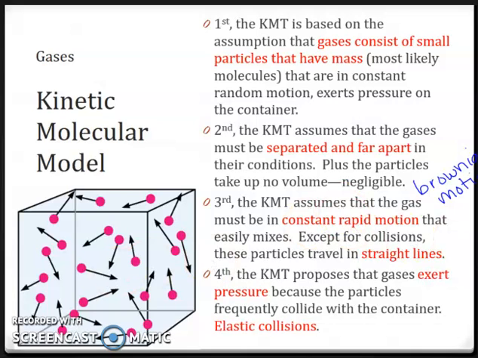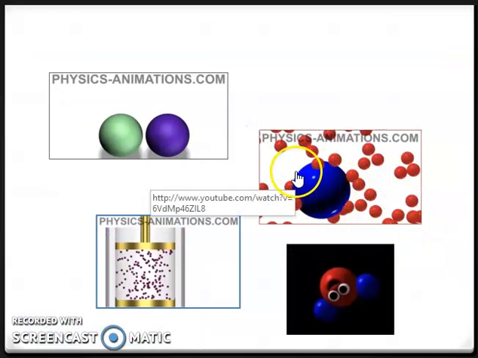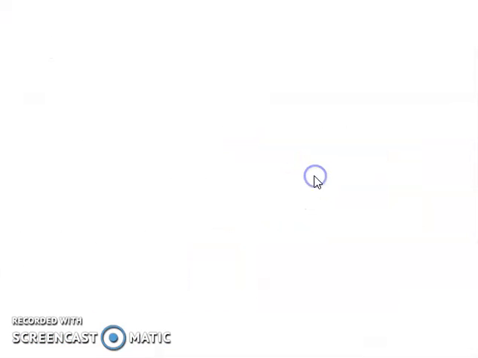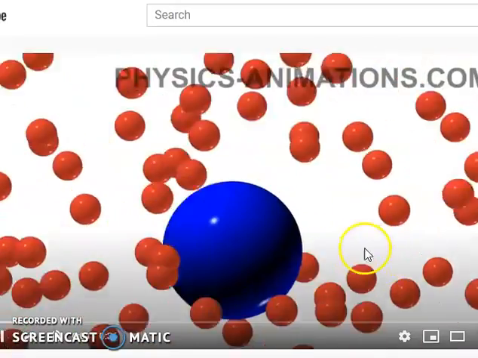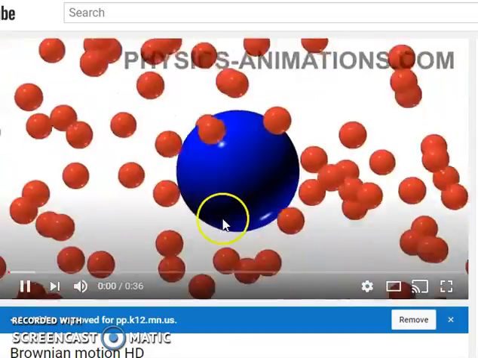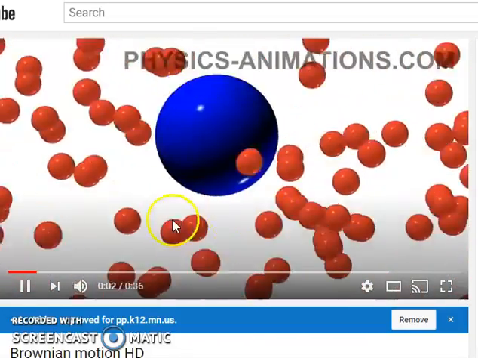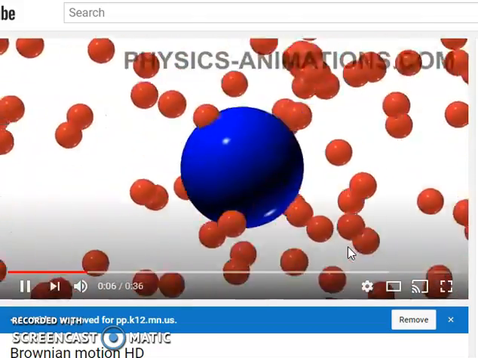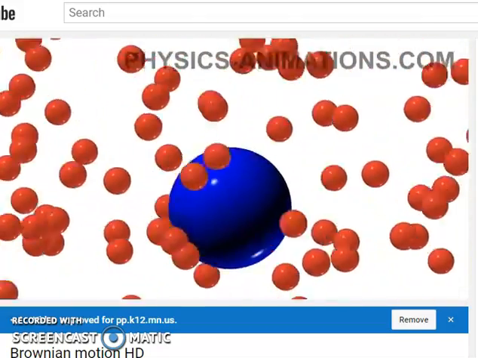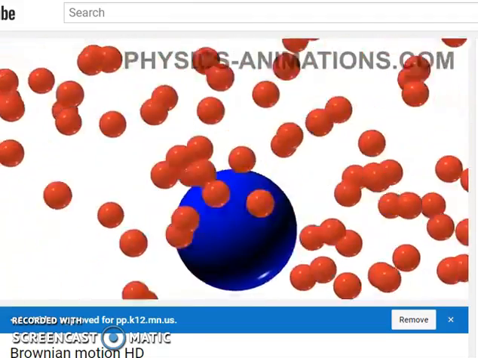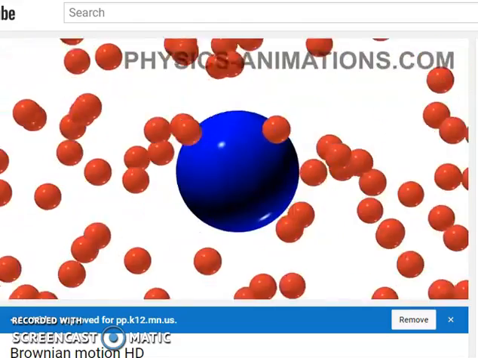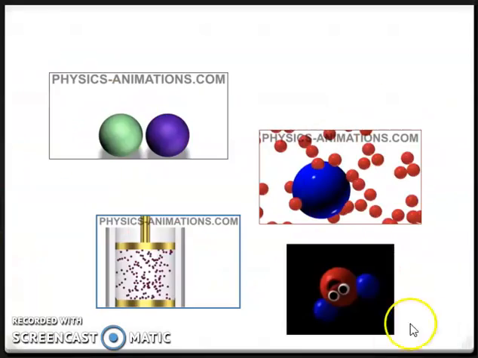Now, on the next page, I've got a couple of animations. Here's an animation of a gas particle among other gas particles, and that's talking about Brownian motion, just random wild motion with no influences on anything except when they're bouncing into each other. The next one, I think, is excellent.